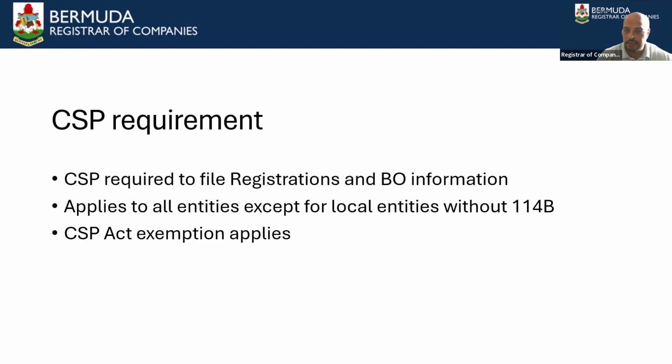That is local entities that fall under the 60/40 rule. But the exemptions from the CSP Act do apply. That is any exemptions for entities that manage their own group, etc.